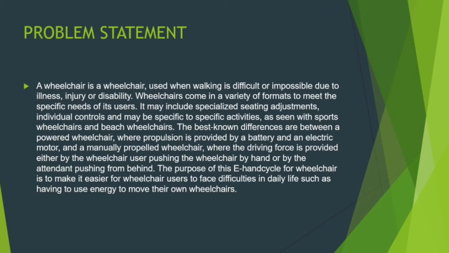The best known differences are between a powered wheelchair, where propulsion is provided by a battery and an electric motor, and a manually propelled wheelchair, where the driving force is provided either by the wheelchair user pushing the wheelchair by hand or by the attendant pushing from behind.